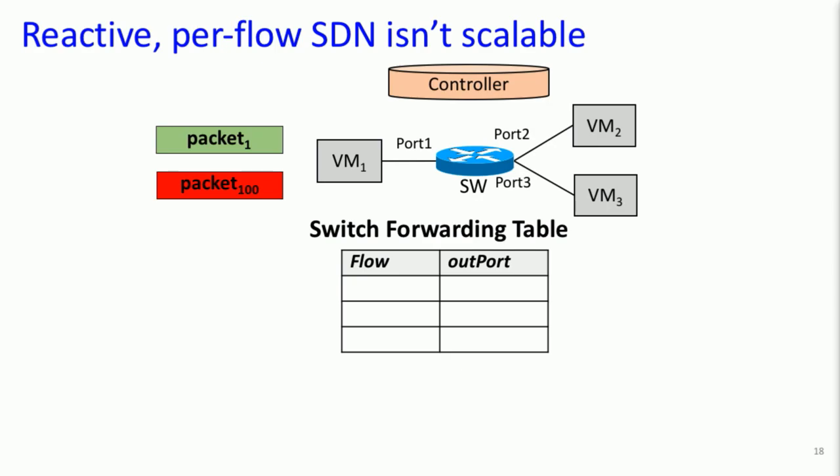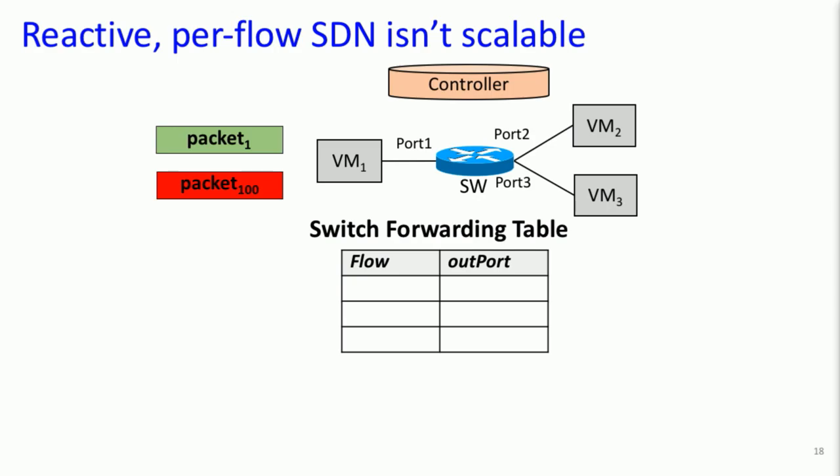Here the example is as follows. We have 2 classes of traffic in this case. Maybe one of them is SYN flood, the other is UDP flood. And the policy happens to mandate that green packets need to go through VM1 and VM2, and red packets need to go through VM1 and VM3. That's just an example policy here.